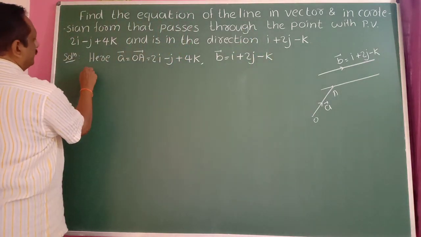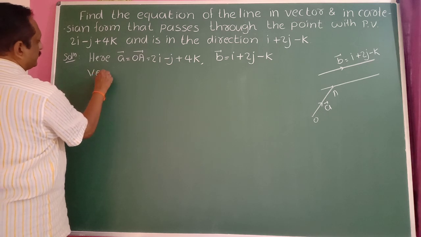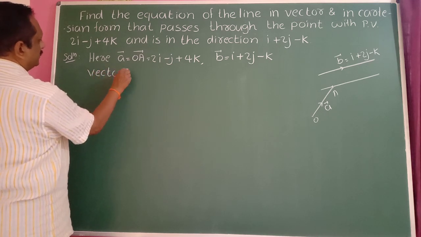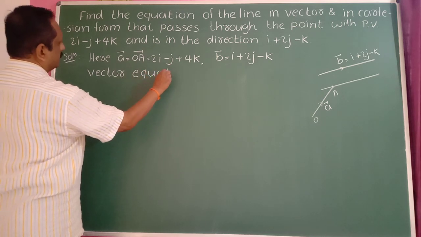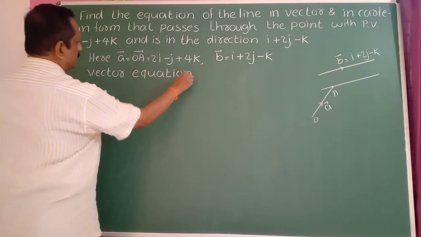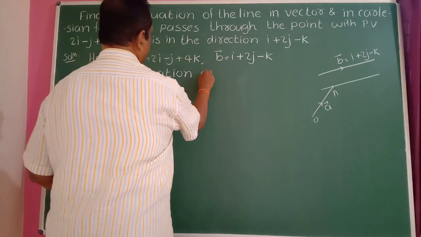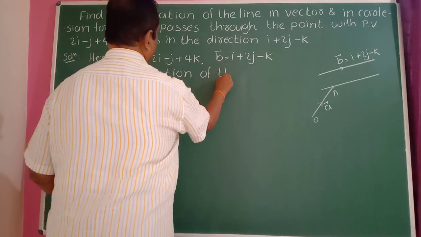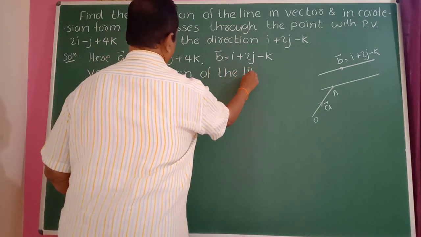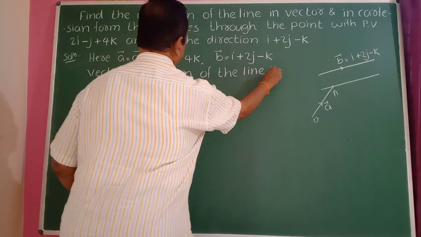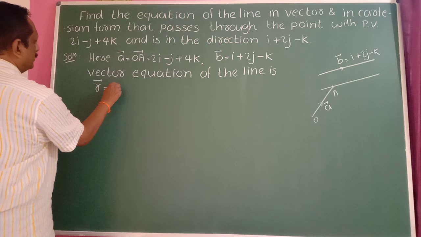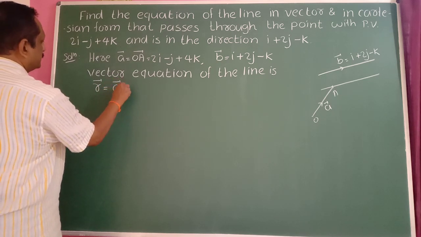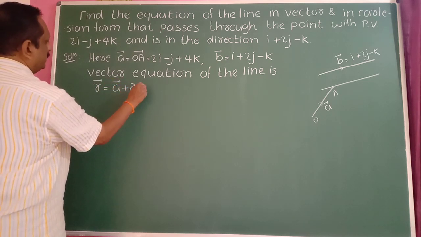Therefore the vector equation of the line is r bar is equal to the vector a bar plus lambda into the vector b bar.